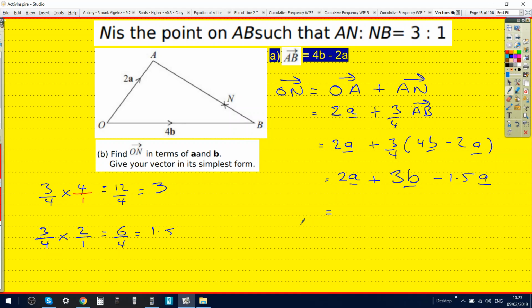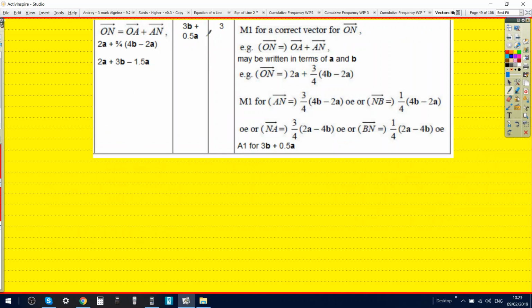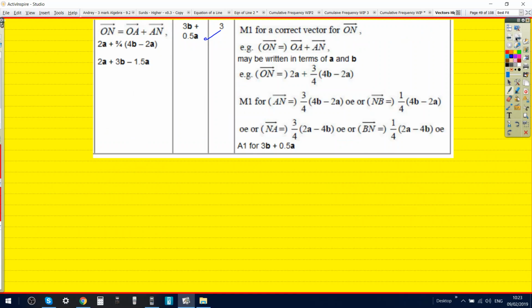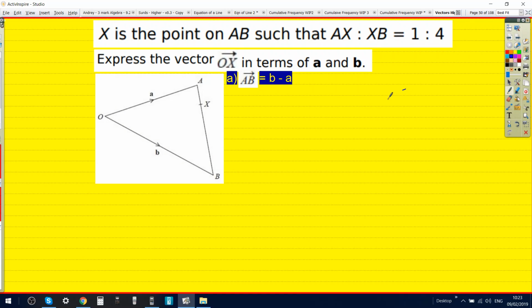So would it be 0.5A plus 3B? Yeah. 3B plus 0.5A. So a common thing to get from there, you use your previous answer. A to B is this, A to N is 3/4 of that, and so you just times it by 3/4.